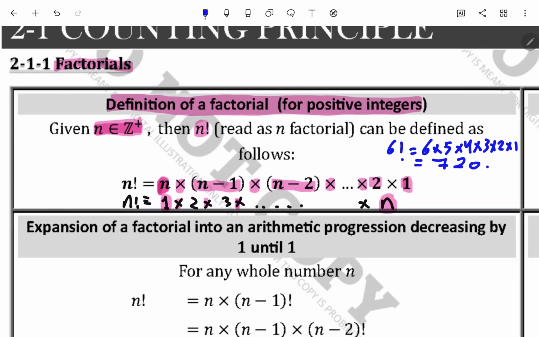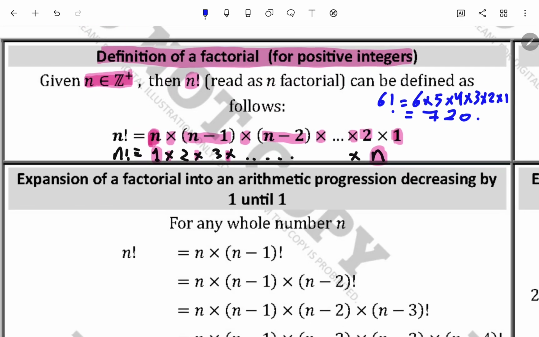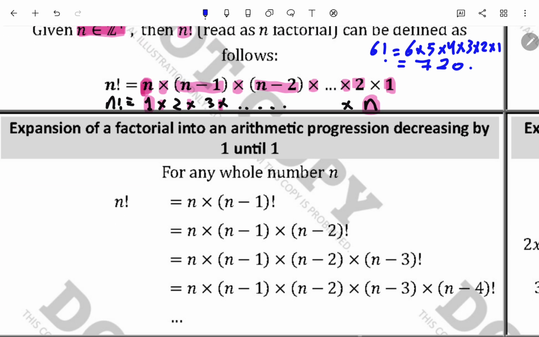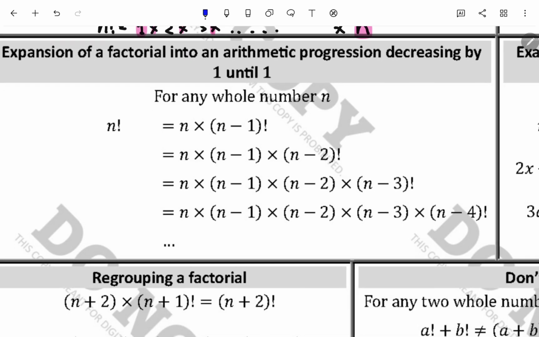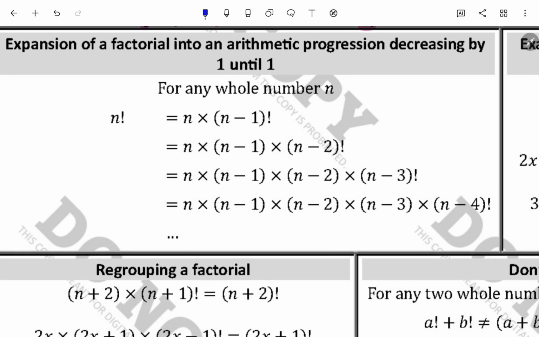Let's go to the second idea, which is how to expand a factorial into an arithmetic progression decreasing by 1 unit. Like, for example, if I have n factorial, I can write it as n and take what is before, which is n minus 1, and keep its factorial with it.